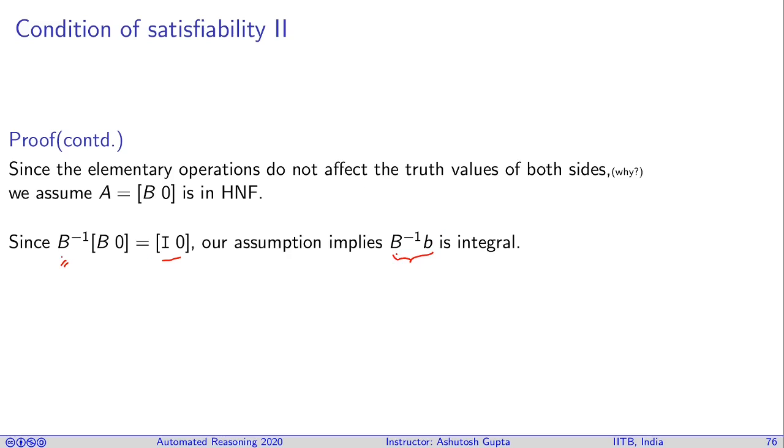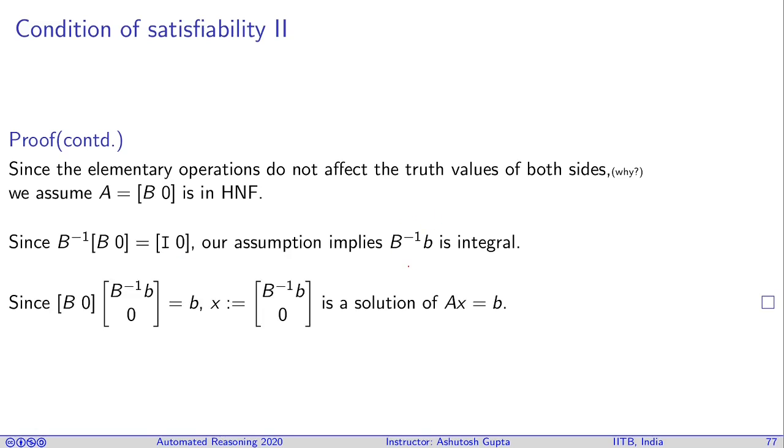Since multiplying this matrix to this matrix gives us integer numbers, multiplying this matrix to b should also give me integral. That was the assumption, right? So this is integral. And you can see that if you multiply these two matrices, we obtain b. So therefore this is my solution x. So we can say that Ax = b has a solution which is integral.